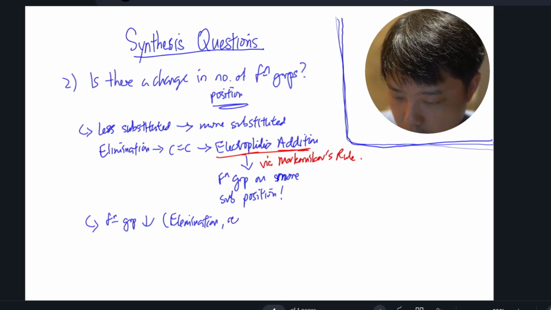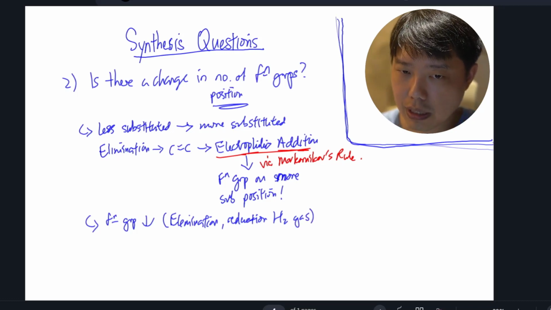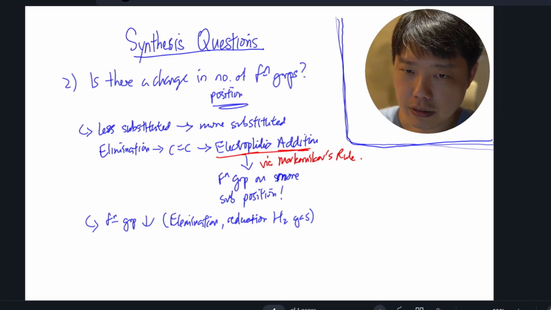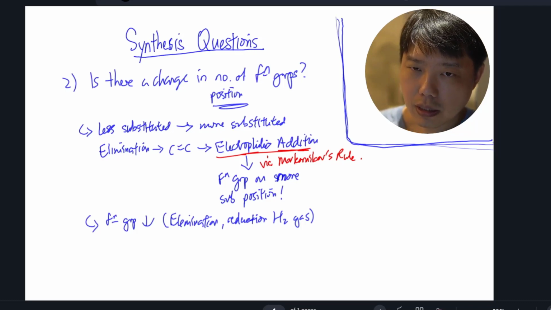Then you actually do a reduction with H2 gas. Okay, once you do that, you get alkanes, which basically means that the question stops there. Okay, so this is not a very often asked question. So most of the time there is the same number of functional group or there is an increase.